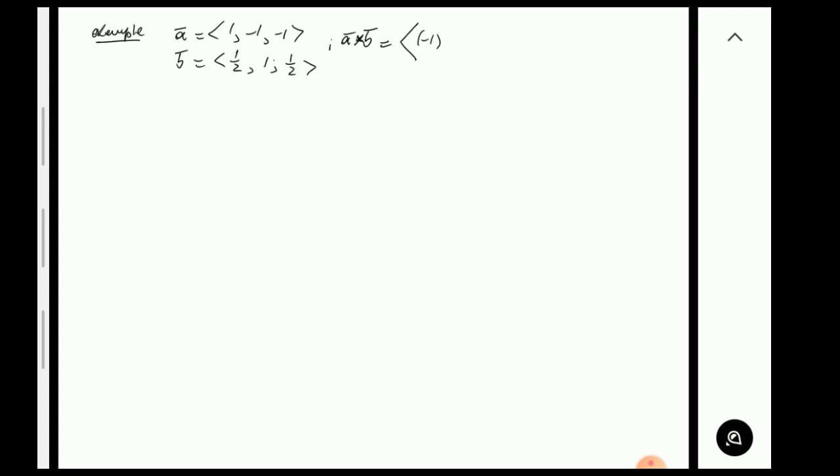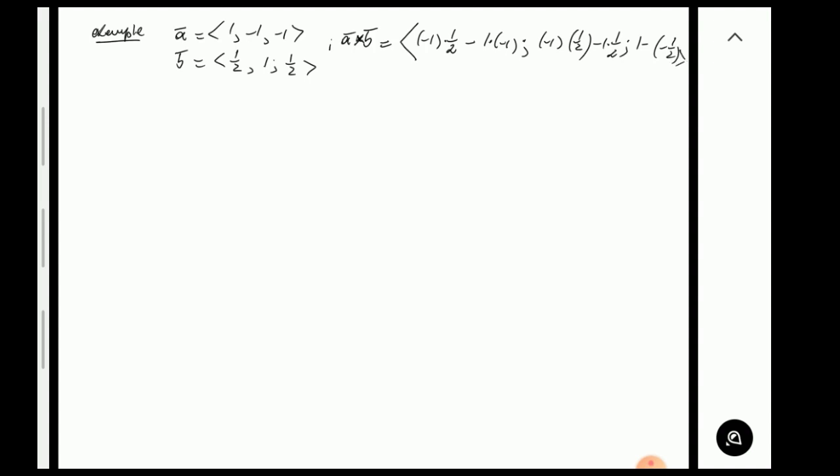So minus 1 times 1/2 minus 1 times negative 1, and then minus 1 times 1/2 minus 1 times 1/2. All right, and then finally 1 minus, because it's 1 times 1, right, minus negative 1/2.